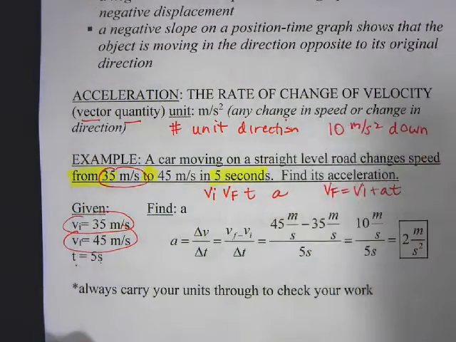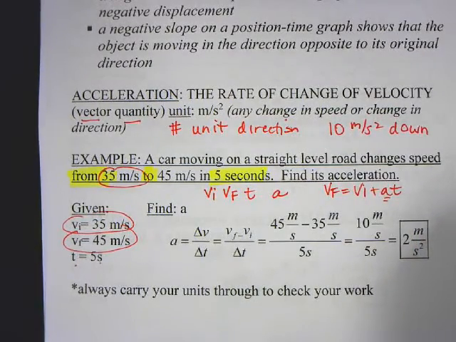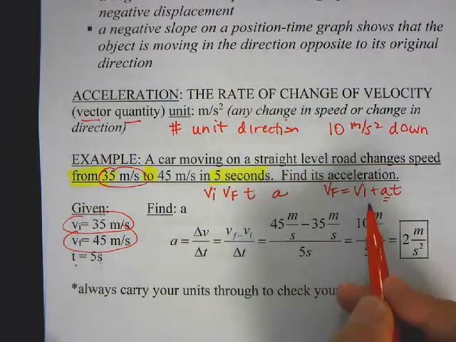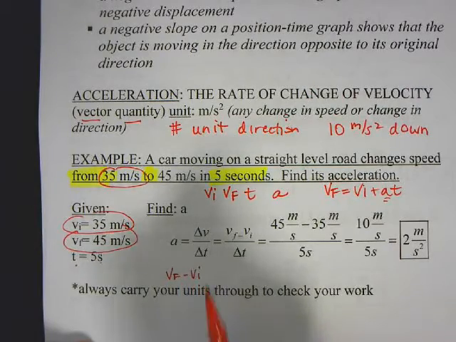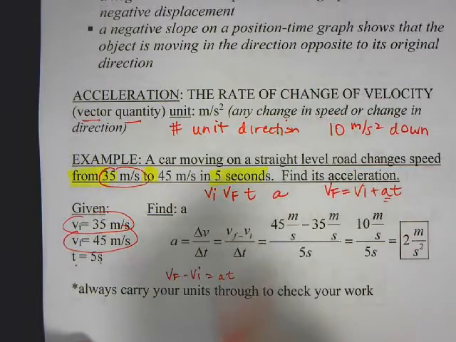So I say a meter per second times 1 over a second is a meter per second squared. Is that my correct unit for acceleration? Yes, it is. One of the great things about physics is you have a foolproof way to check your work every single time by carrying your units through, so you'll never make a mistake.